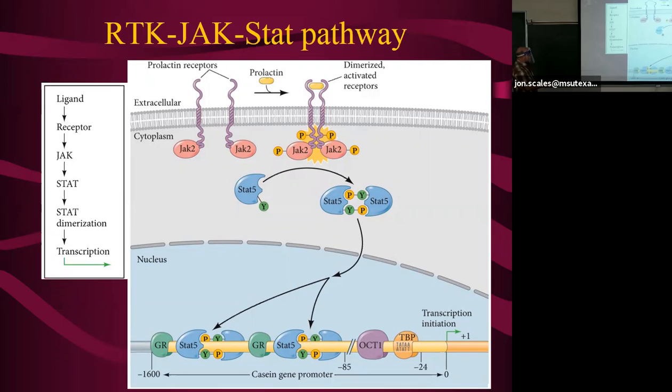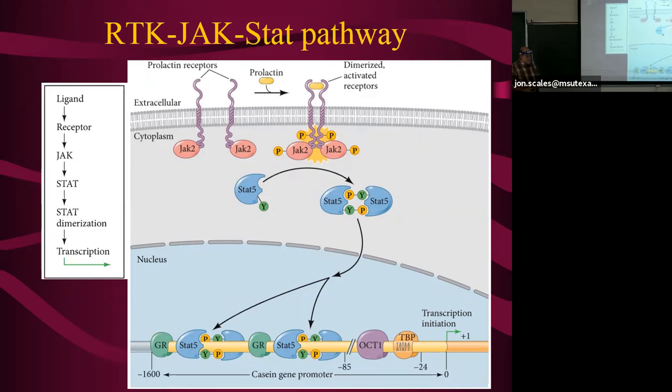There are several of these JAKs, and they will bind to a JAK-associated receptor, or the receptors are typically going to be named for the ligand, like in this case, prolactin receptor. And that brings about dimerization, and the kinase, the JAK part, will then phosphorylate itself, its counterpart, and the receptor part, and phosphorylate STATs, which are signal transducers and activators of transcription.